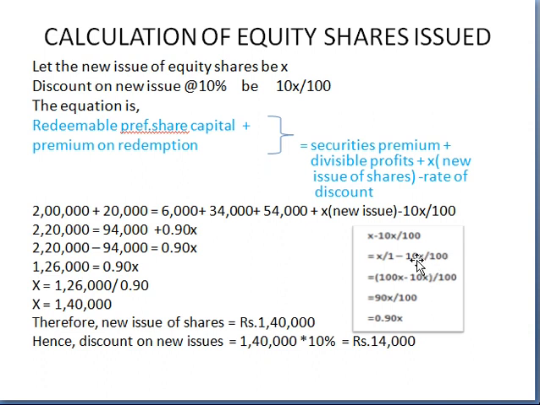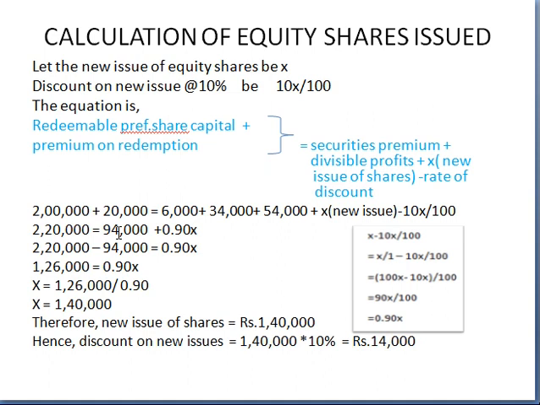So when you do cross multiplication, x into 100 is 100x minus 10x, whole divided by 100. So 100x minus 10x will be your 90x divided by 100. So 90x by 100 will be written as 0.90x. That's what I have written here as 0.90x.